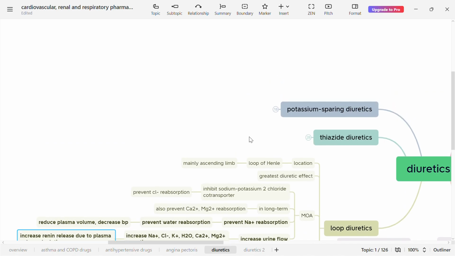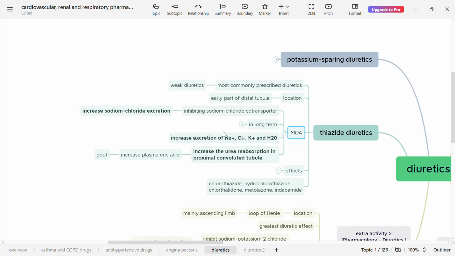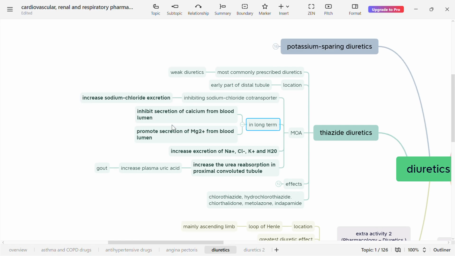Moving to the next one, thiazide diuretics. Its location is at the early part of the distal tubules with the mechanism of action to inhibit the sodium-chloride co-transporter, which causes increased sodium chloride excretion. In the long term, it causes the inhibition of calcium secretion from the blood lumen and also promotes secretion of magnesium ion from the blood lumen.